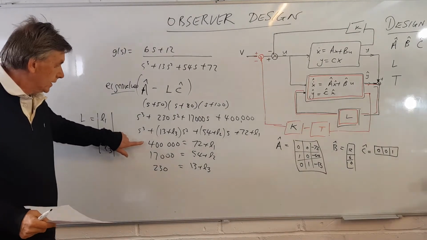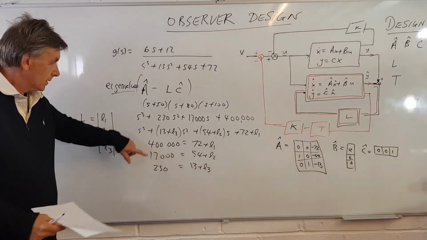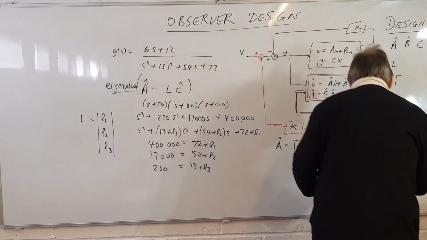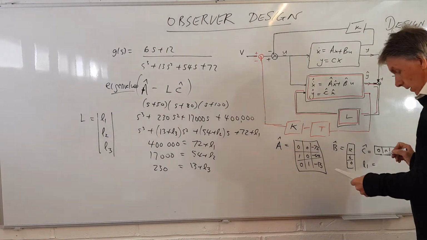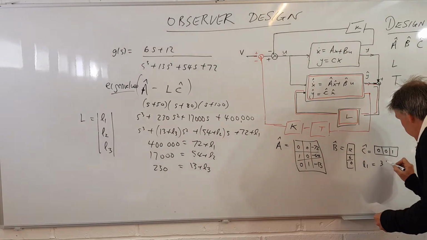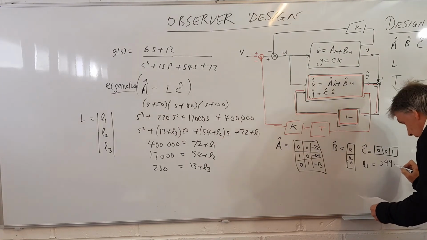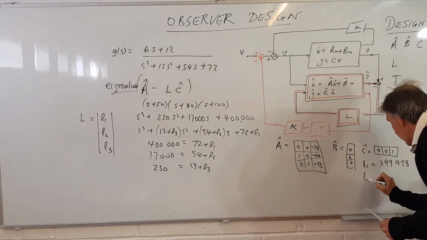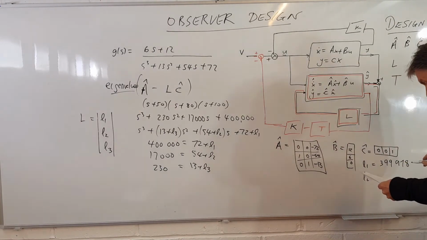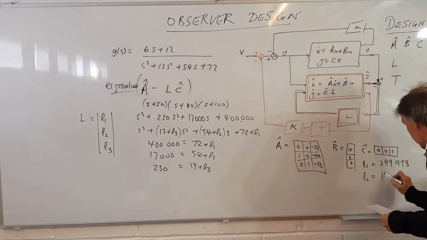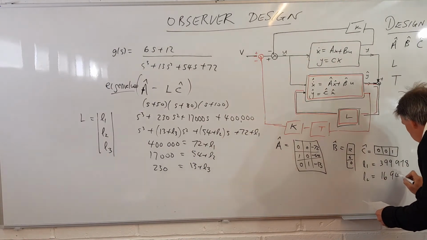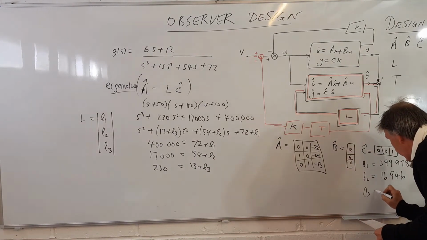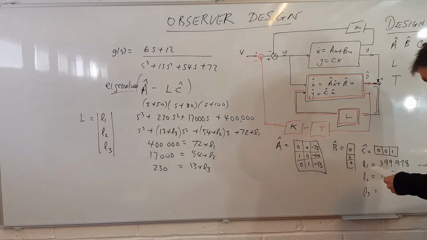Right, so we can now solve these for L1, L2 and L3. So we'll get the L, we'll put them here. L1 turns out to be 399,978. L2 comes out as 16,946, and L3 comes out as 217.